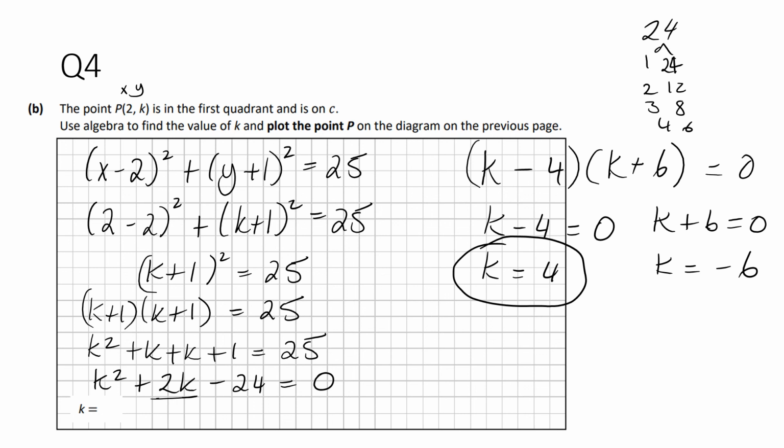But here you're just asked to find the value of k and then plot the point P on the diagram. So P would be 2 and then 4. So you can plot 2, 4 on the diagram. And that is 5 marks.